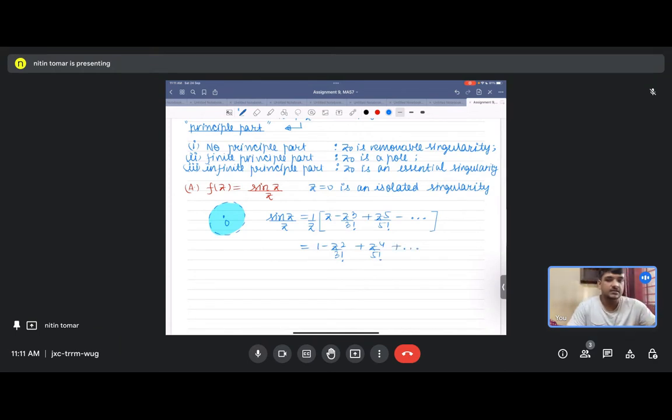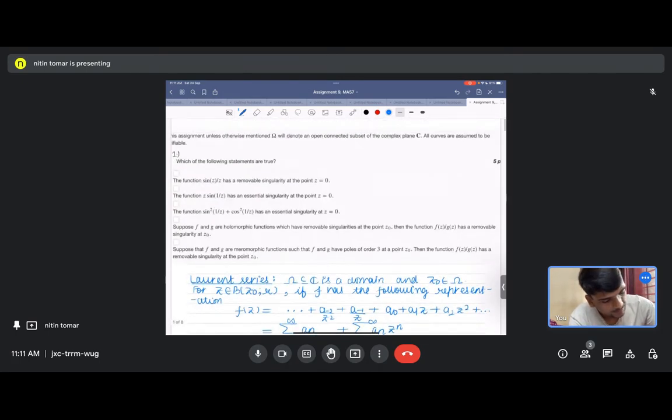Does it have a principal part? No, sir. So no principal part. This implies z equal to 0 is a removable singularity, right? So this option is correct, that z equal to 0 is a removable singularity.